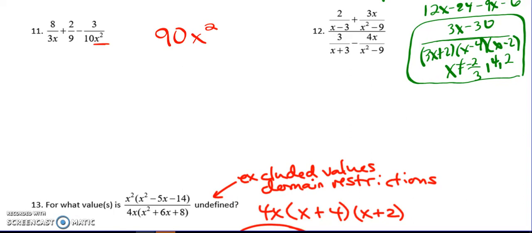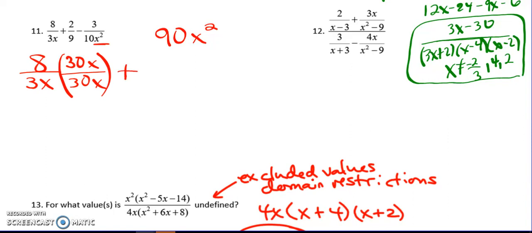So how do I get from 3x to 90x squared? That'll be a multiply by 30x. So this first one here, 8 over 3x, is going to get multiplied by 30x to get to our common denominator. The second one, 9, I'm missing a 10x squared.